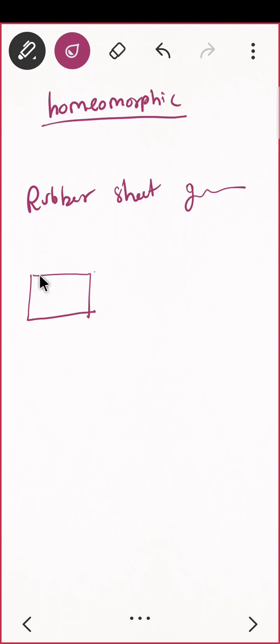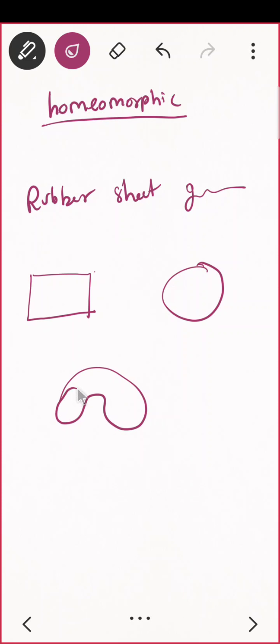Rectangular. Can you make this into a sphere? Since it is rubber, can you do that? Or can you make this into another shape like this? Yes, can you do that?